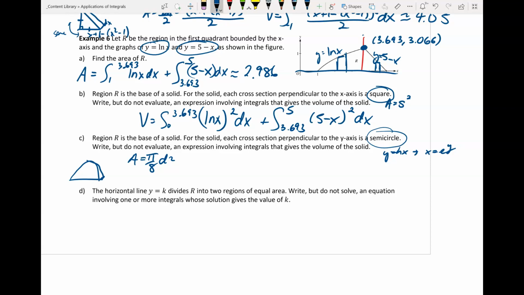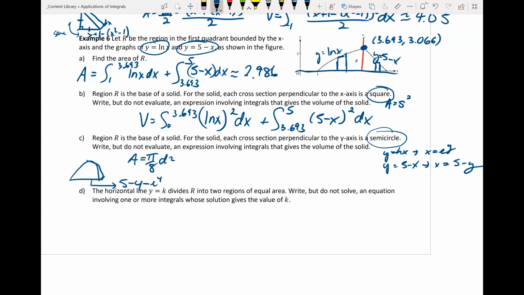Now, I have to do the same thing for y equals 5 minus x. I'm going to have to move things around. So this would be 5 minus y. So our most right is going to be 5 minus y, minus our most left, which is e to the y.